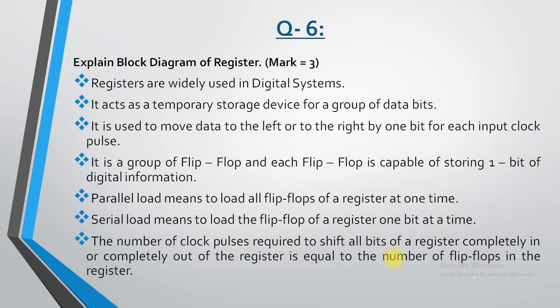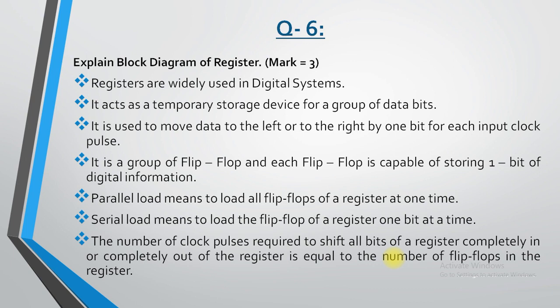Question number 6. Explain the block diagram of register, which may be asked for 3 marks. So the weightage of this question is 3 marks. Now see, consider a routine life example in which we have the attendance register available at the college.